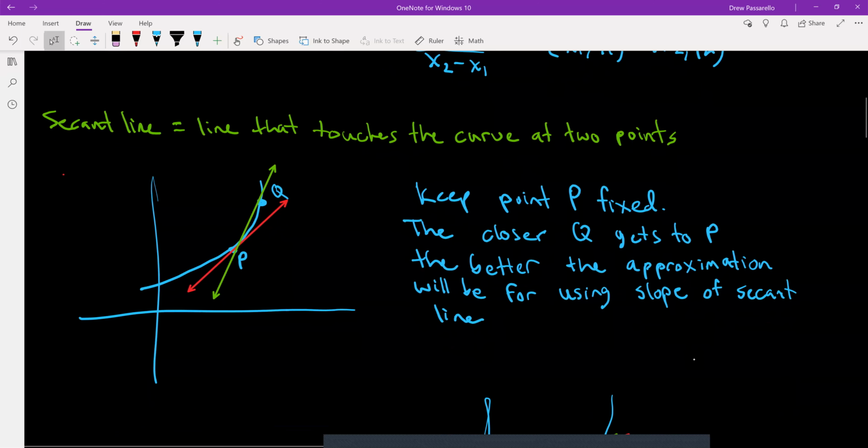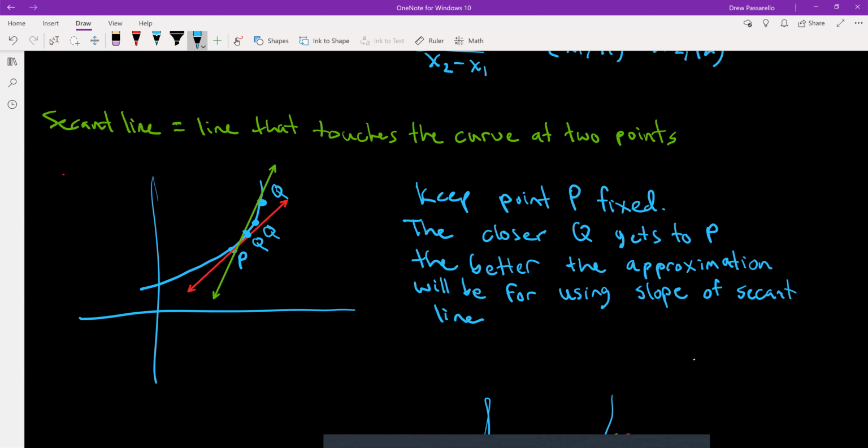And we're going to keep P fixed, stationary, and the point Q is going to change, and it's going to get closer and closer to P. I could put Q right there, Q right there, and then if you find the slopes of the lines that go through these varying Qs, they're going to be closer and closer to the slope of the red line, the tangent line.